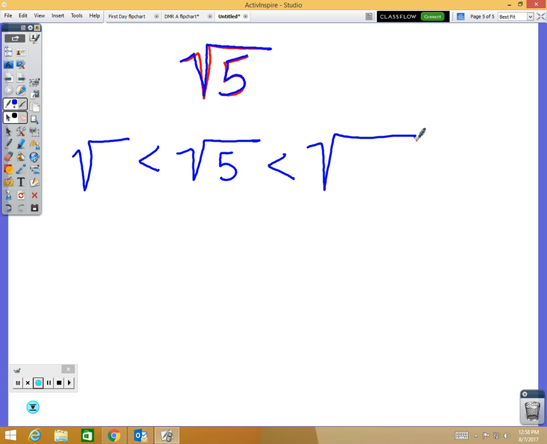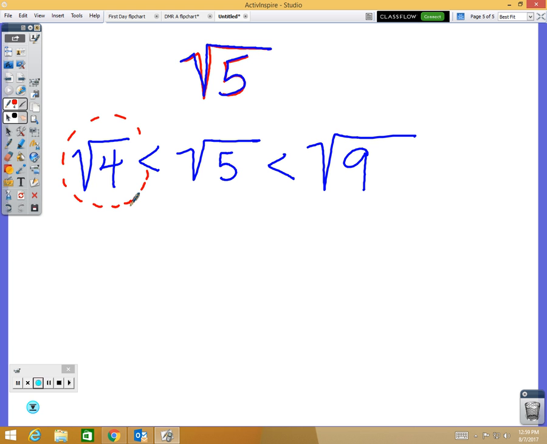All right, so which two perfect squares is this in between? 4 and 9. It's between 4 and 9. Is it closer to 4 or 9? It's closer to the square root of 4. It's only 1 away from the square root of 4.